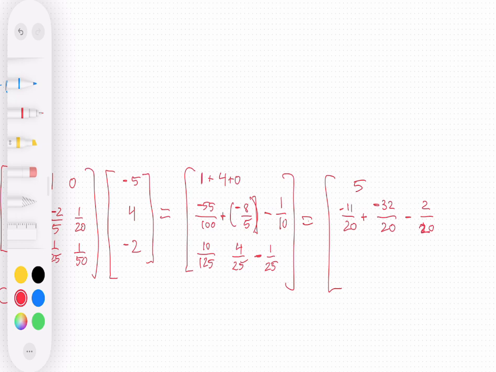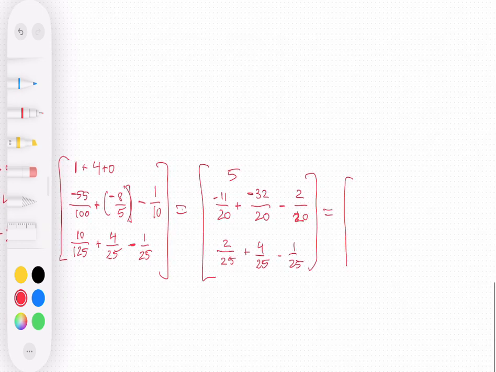Then 10 over 125 can be 2 over 25 plus 4 over 25 minus 1 over 25. So that's convenient. And that's going to give us our new vector of 5, and then -11 minus 32 plus 2 is going to be -11 minus 30, which is -41 over 20. And then 2 plus 4 minus 1 over 25 is going to be 5 over 25, which I'm just going to write as 1/5.